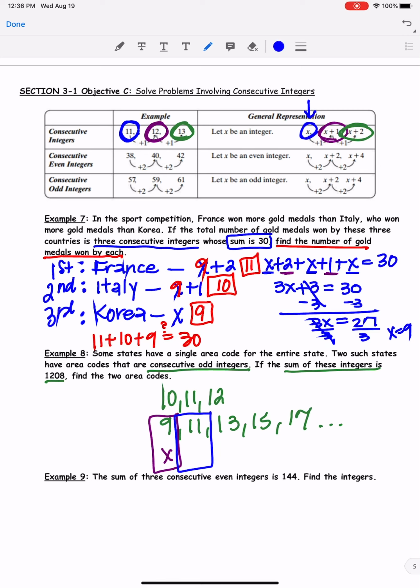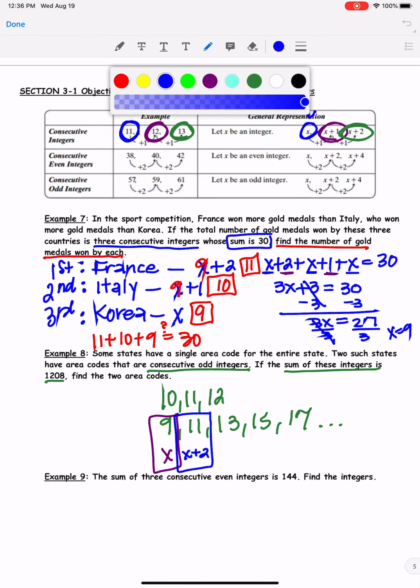Well, this is just 2 more than, so this is x plus 2. And then how do I represent that third one? Well, I guess we don't need a third one in this one. I'll go over the third one in example 9. So what I'm using is x for the first consecutive and x plus 2 for that next one.